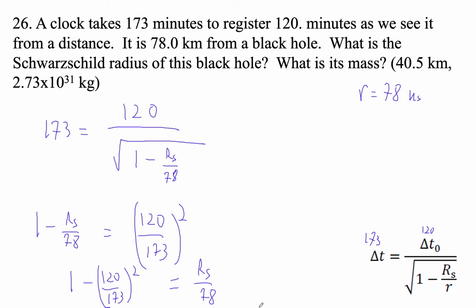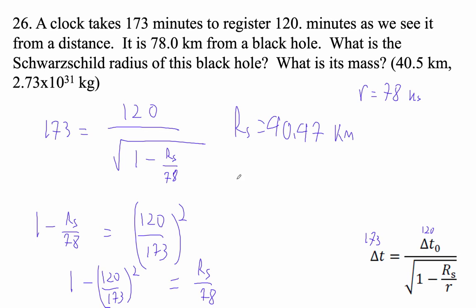So 78 times the quantity 1 minus 120 squared divided by 173 squared, which is 40.47. Yeah. So the Schwarzschild radius is 40.47 kilometers, right? So what is the mass of it?